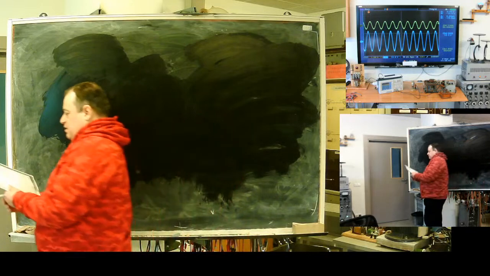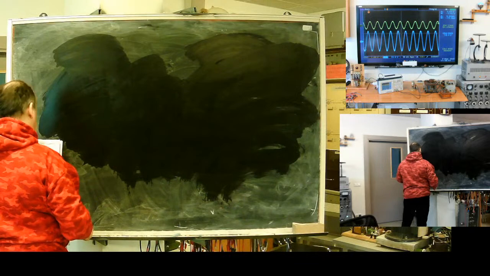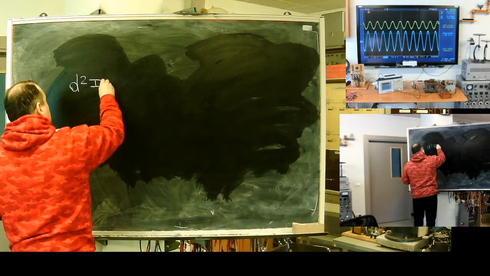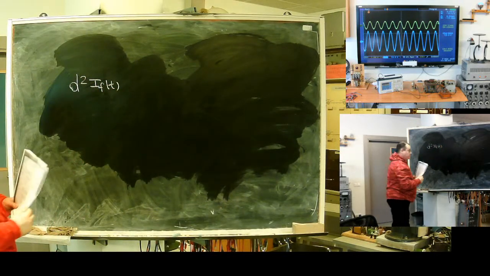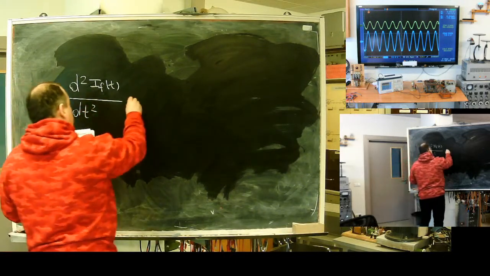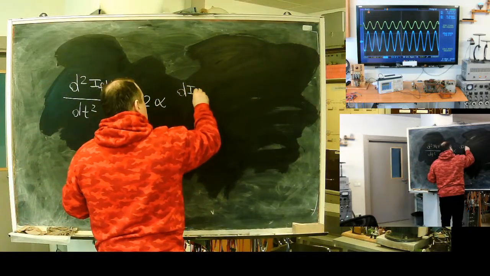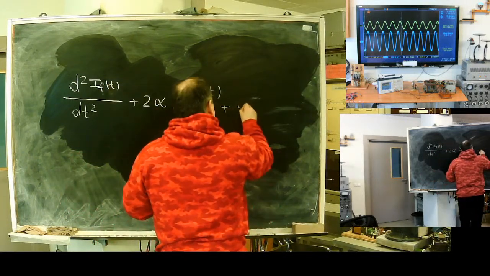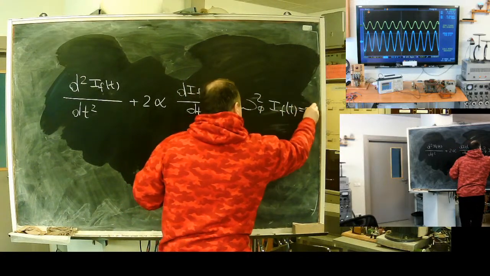But we need the free one. So to find the free component, we need to solve a differential equation. F means free component. Square plus double alpha EF plus omega 0 square EF equals to 0.